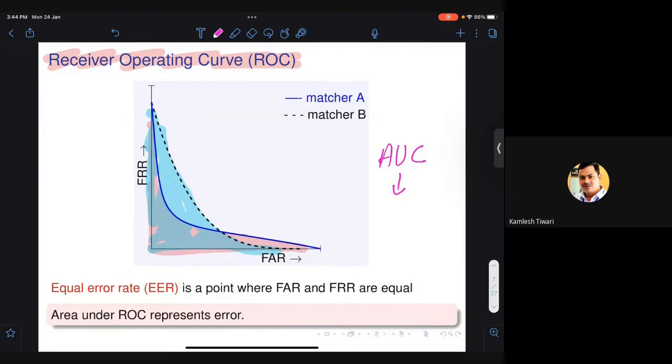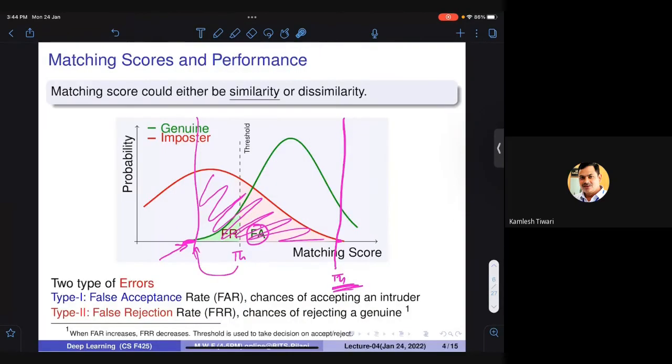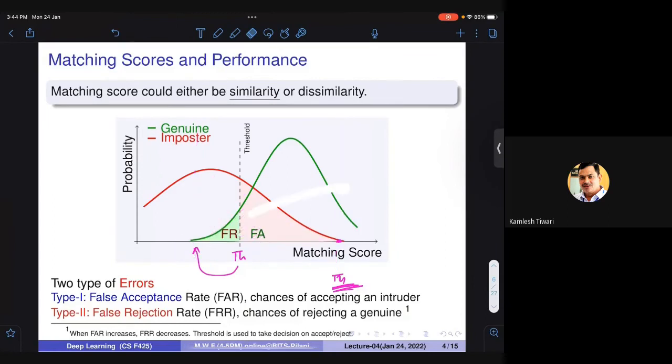All right. So, the two systems that I was talking about right now, if you want to match and find out which system is better, you can see what the area under the curve is and tell me which is better. There is another very important parameter that can tell you the same thing, and that is: can you find the particular point where false acceptance and false rejection are the same, maybe at this particular threshold.